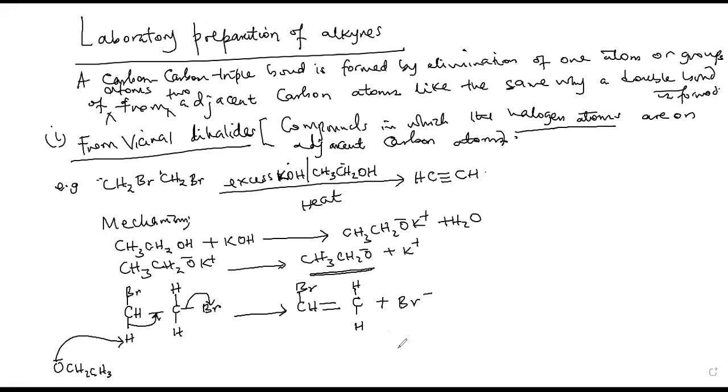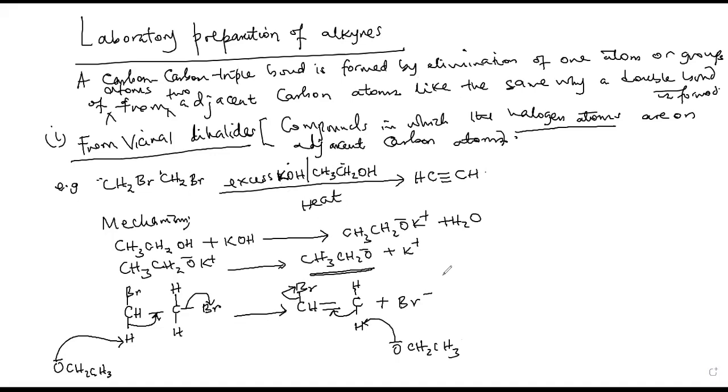Now from this side, remember we said that we use excess potassium hydroxide. So we shall bring excess of the reagent, CH3CH2O minus, to come here, then we create another bond here as this one goes away.